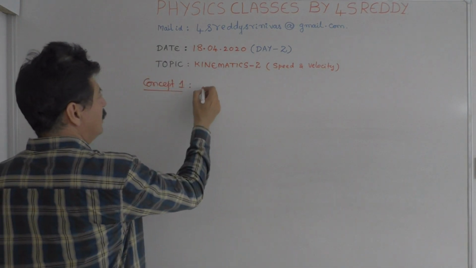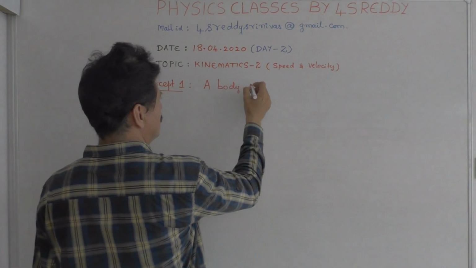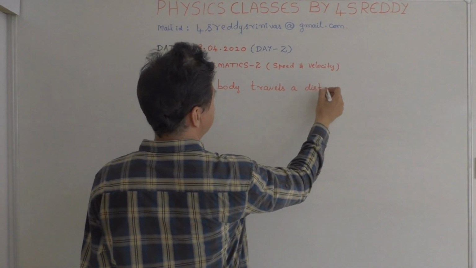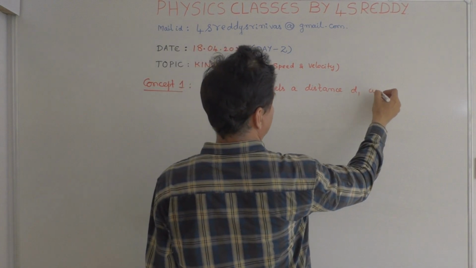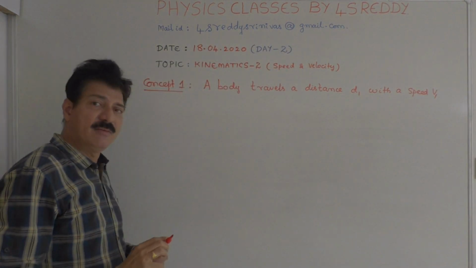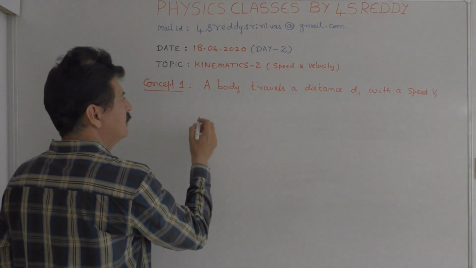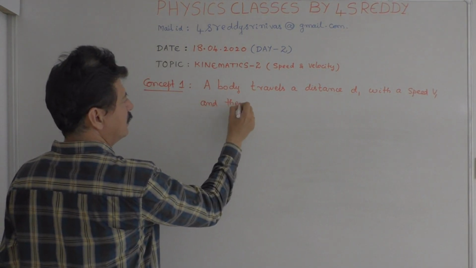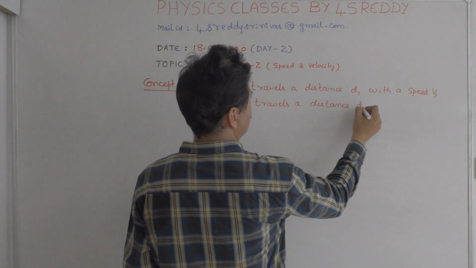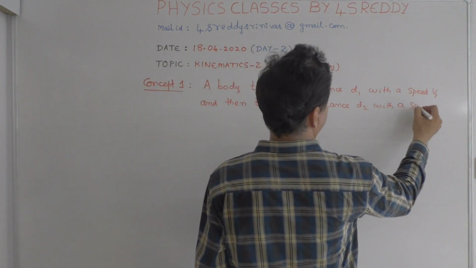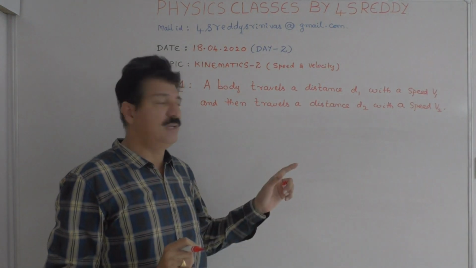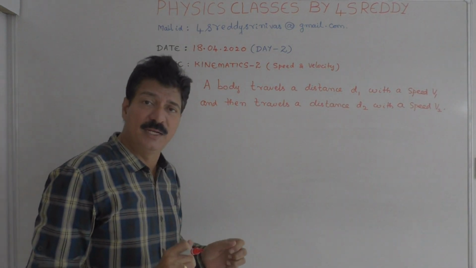Let us assume a body travels a distance d1 with a speed v1 and then travels a distance d2 with a speed v2.